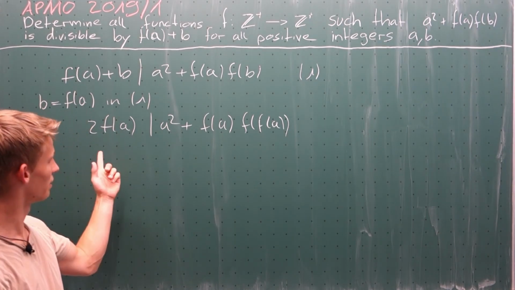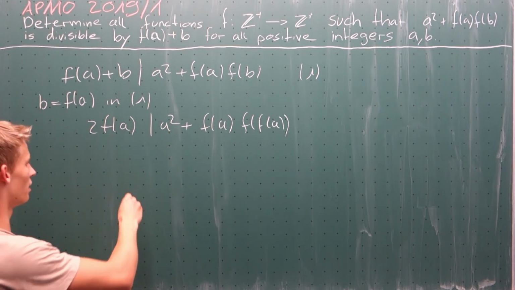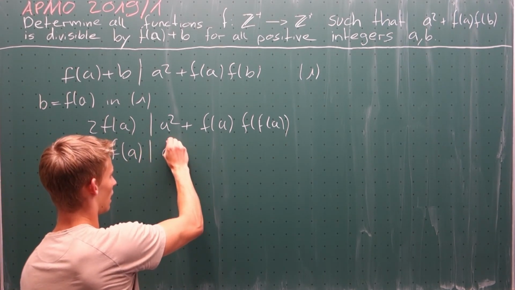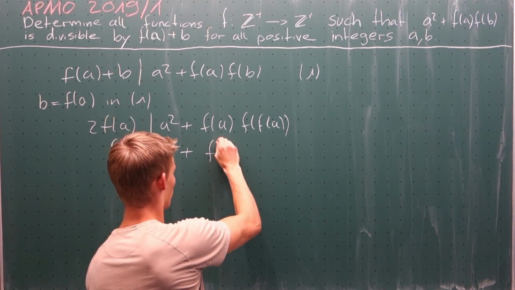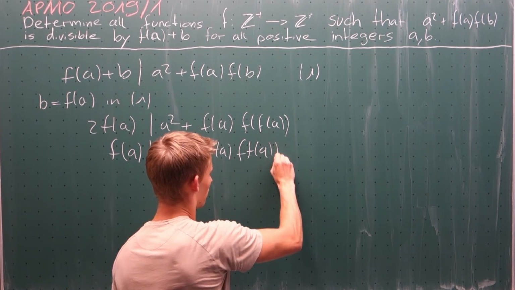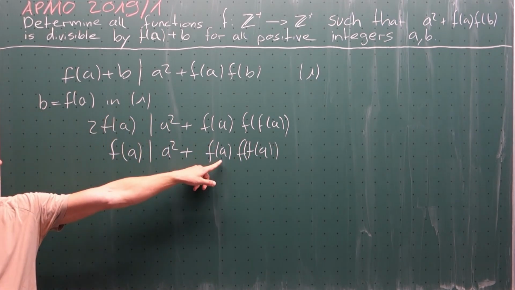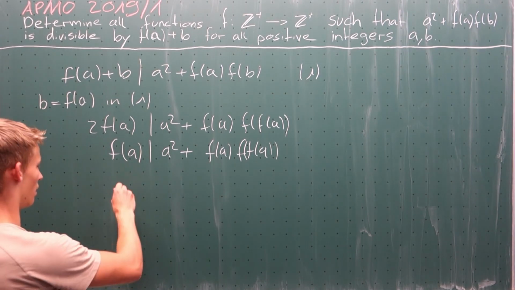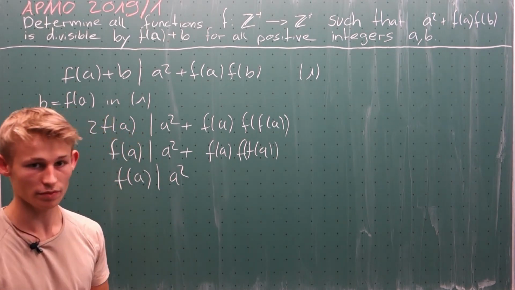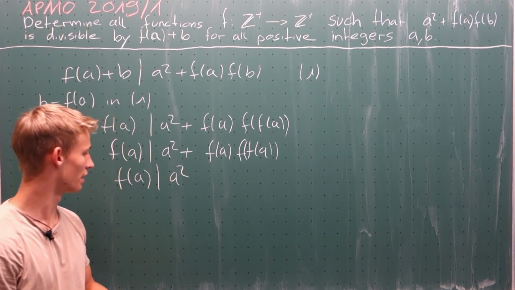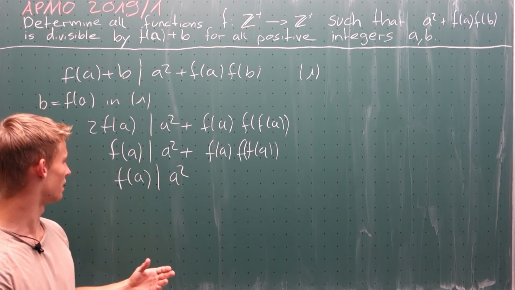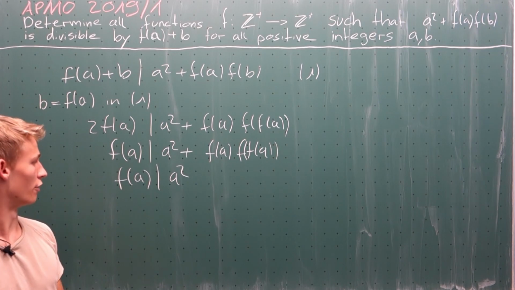Now, this means that also f of a divides the right hand side. So f of a divides a squared plus f of a times f of a. And now, since here's a factor f of a, we know that f of a divides a squared. Now, it would be nice if the number of divisors of a squared is a low number, because then there are not too many options for f of a.